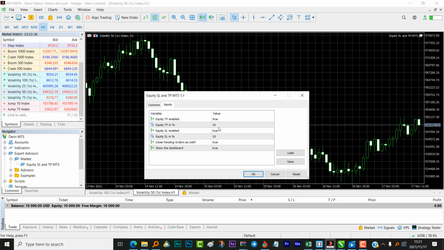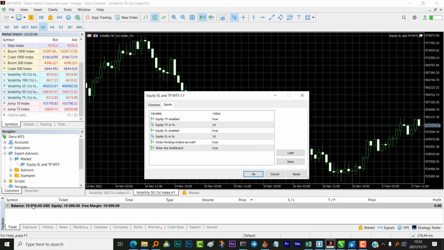So this is what's gonna happen. Take for instance, I've got $10,000 right now in my account. You can see I've got 10,000 balance. Take for instance, I want to trade, but I want to only risk $100 on that 10,000. What percentage is $100 of 10,000? 10% of 10,000 is 1,000.